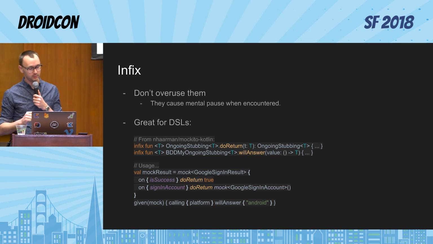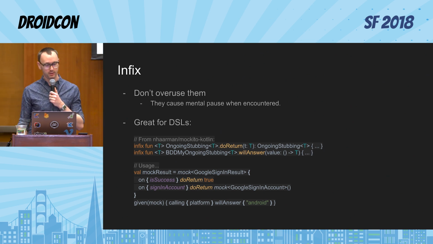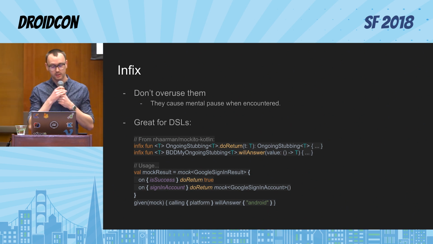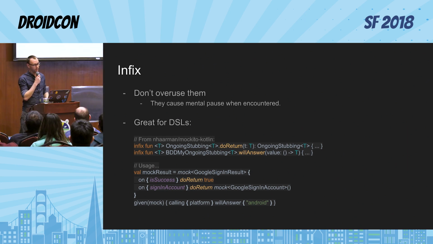I think the Mockito Kotlin library actually does a very good job of this. It's a somewhat largest library, and it only has 2 infix functions, one called doReturn, one called willAnswer, so that you're within DSL context, and this doesn't look that strange within this unit testing code, right?